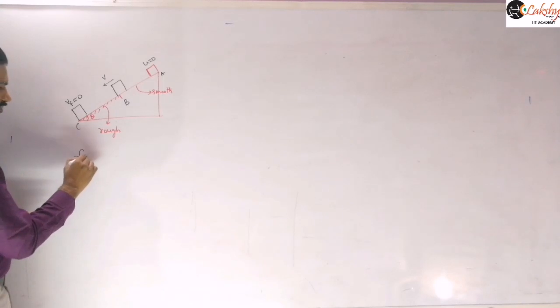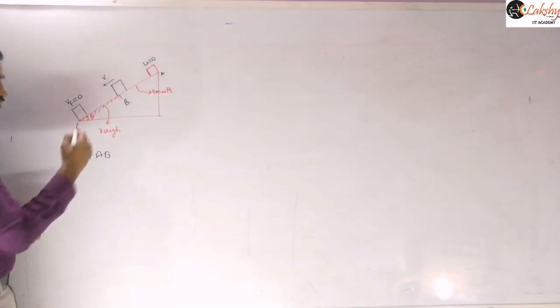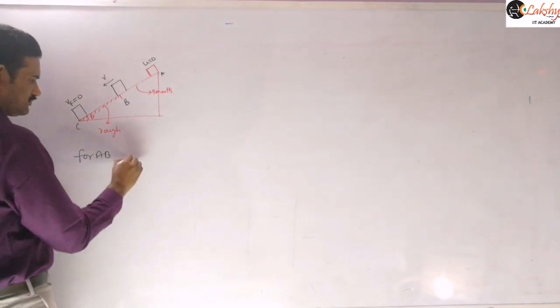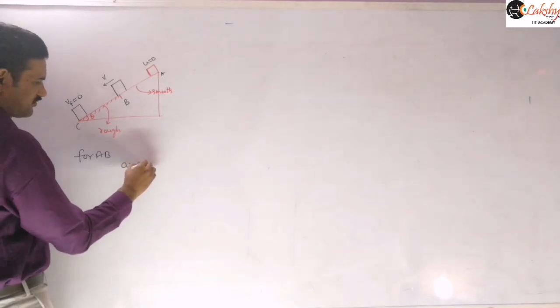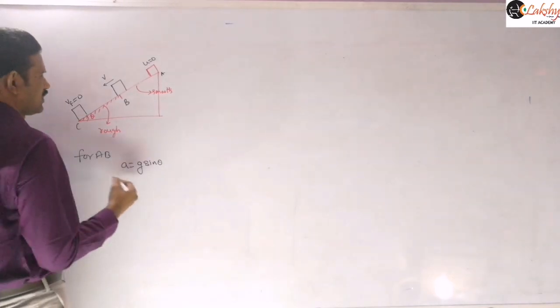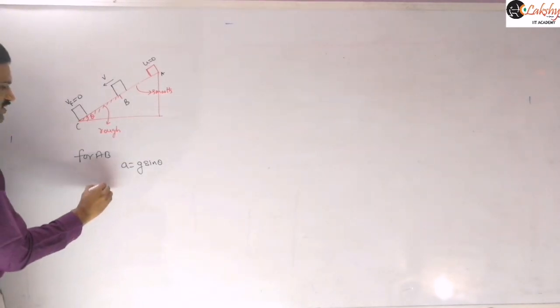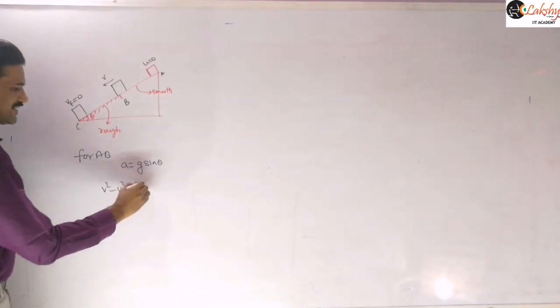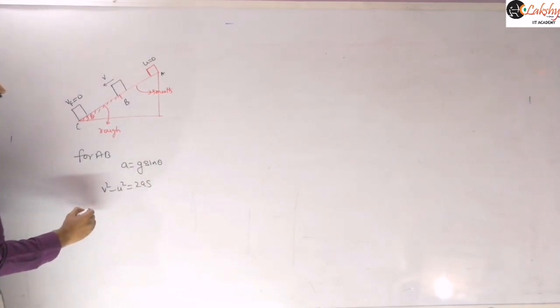So for AB, that means for the smooth inclined plane, the acceleration will be g sin theta. Now we apply v square minus u square is equal to 2as to get the velocity for that part.